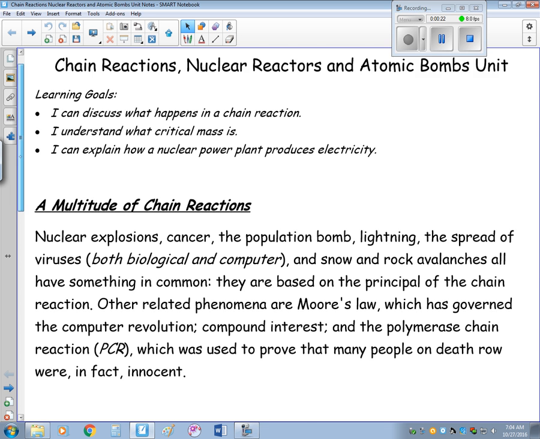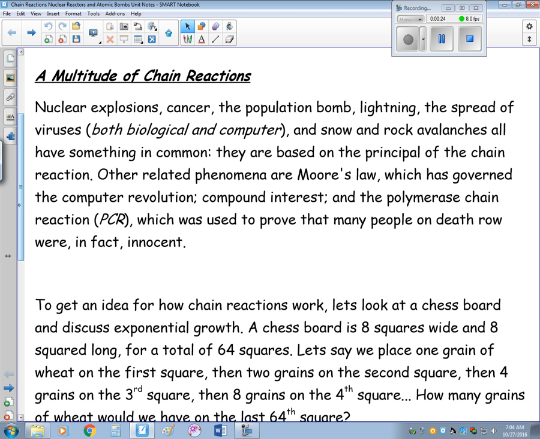So let's get started with a chain reaction. There's a lot of different types of things that follow this chain reaction model. Nuclear explosions being one, but cancer also. Population, lightning, viruses, snow and rock avalanches, all of these follow this principle of a chain reaction.